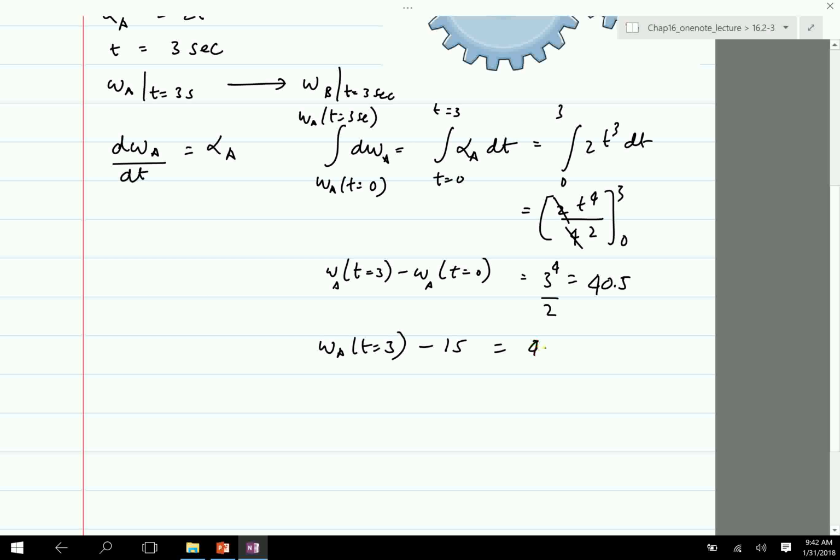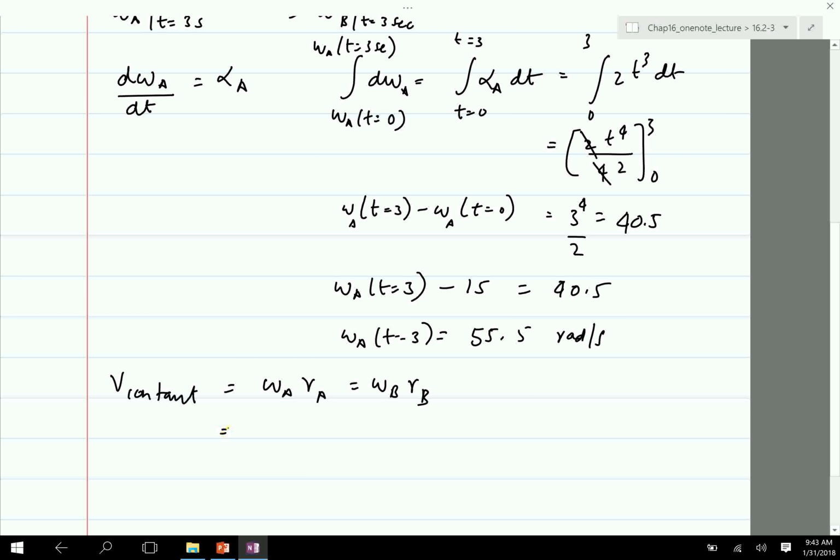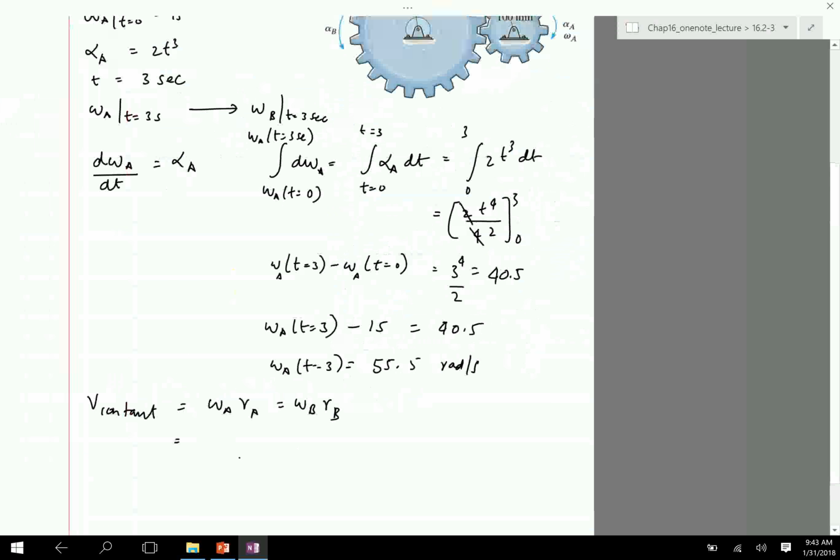Okay. So now we can relate the angular speed of A with B, because we know that v of the point of contact is omega A R_A equals omega B R_B. Omega A is 55.5.